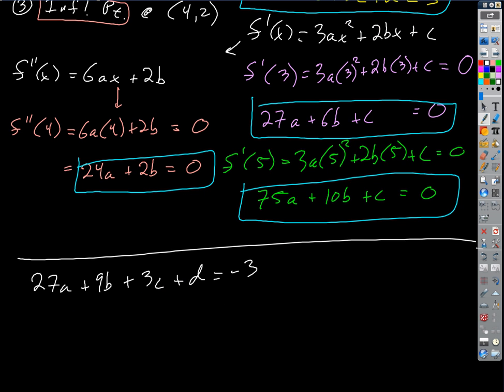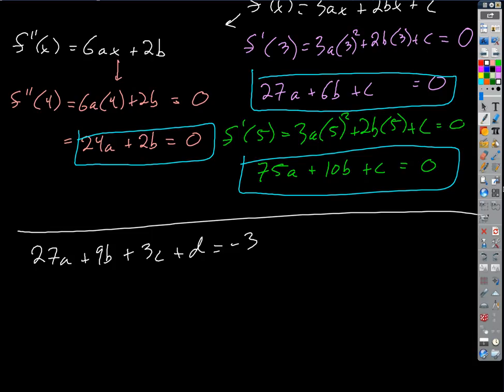Okay, so we want to solve this linear system. Here's equation 1. We're going to write all these in standard form. So they're written in increasing order of variables, right, set equal to a constant. We'll call this equation 2, that's fine. So we get 27a plus 6b plus c equals 0.